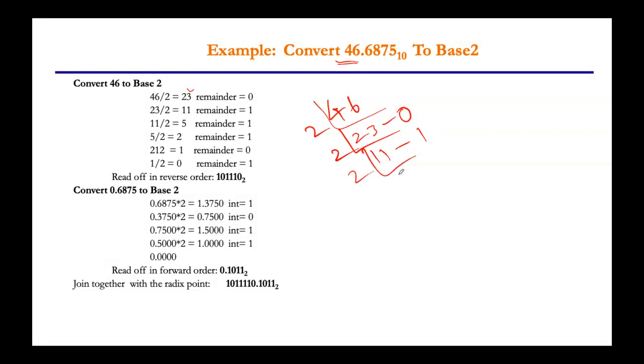Then you can divide this 11 by 2, the remainder is 1. Then divide this 5 by 2, the remainder is 1. And then divide this by 2, and the remainder is 0.